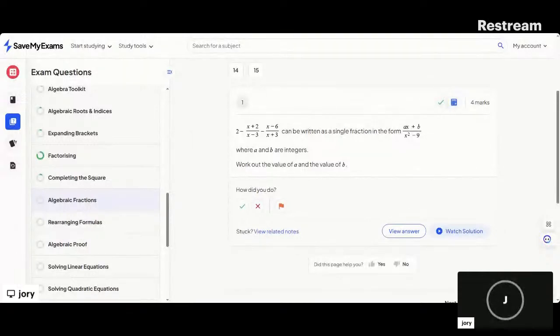Over x squared plus 3x minus 3x minus 9. Cancel the 3x's at the bottom. Simplify the tops.